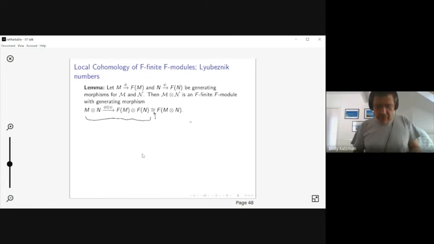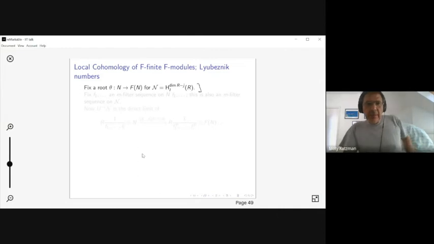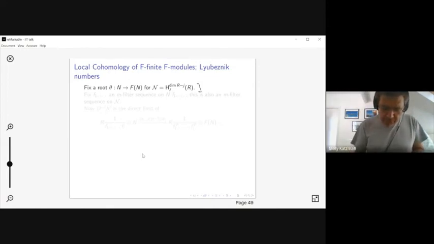And now let's compute the Bass numbers. Let's start with this inner local cohomology module, curly N. What we want to do is look at an ith local cohomology module with support in the maximal ideal M of that. But before we do that, let's fix a root for this local cohomology module, which by now we know is a finite F-module. And actually, I want to go back and tell you something that I forgot to tell you before.